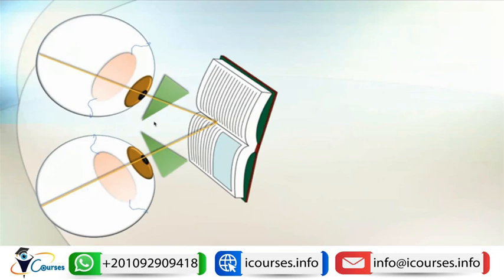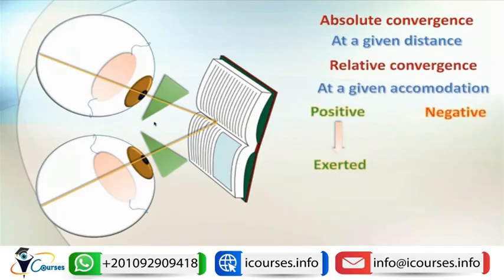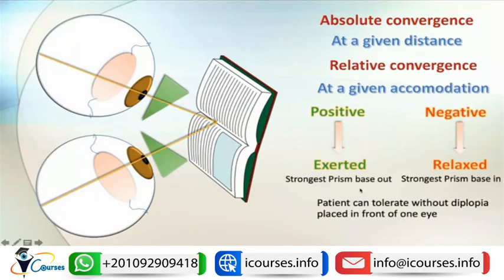And if the patient has reached the highest amount of relative positive convergence, then this will result in diplopia. So the strongest prism base out will be a measure for the positive relative convergence, because this base out prism will cause more convergence, leading to diplopia.